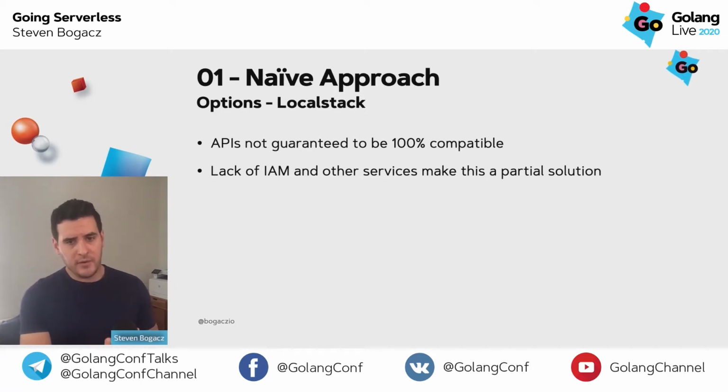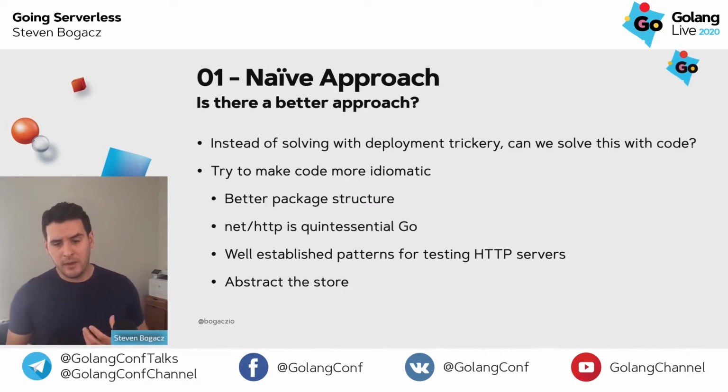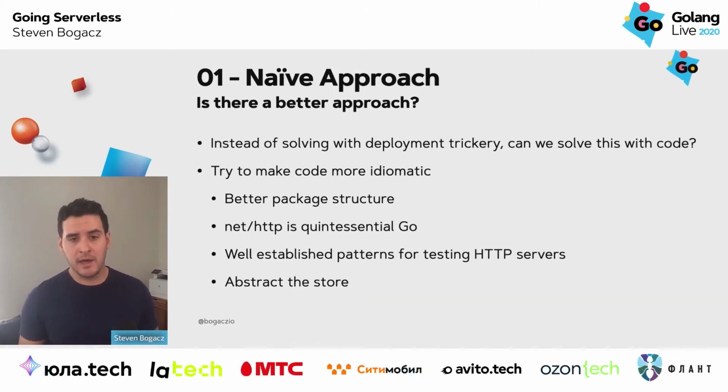So if we're not going to use LocalStack, what can we do? Instead of trying to figure out different deployment tricks, what can we do from our code, from a language perspective, to make this a little bit easier? To start with, if you're following along with the code, you'll see that we started off with all of our files effectively in the root of our directory.